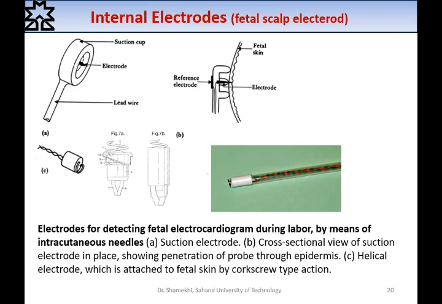The next category of internal electrodes is electrodes for recording signals from the fetal scalp. As you can see, we have two types of electrode here. The first one, suction electrode.